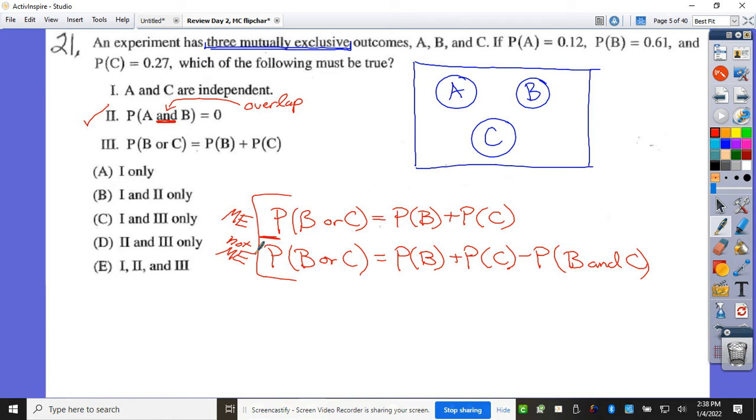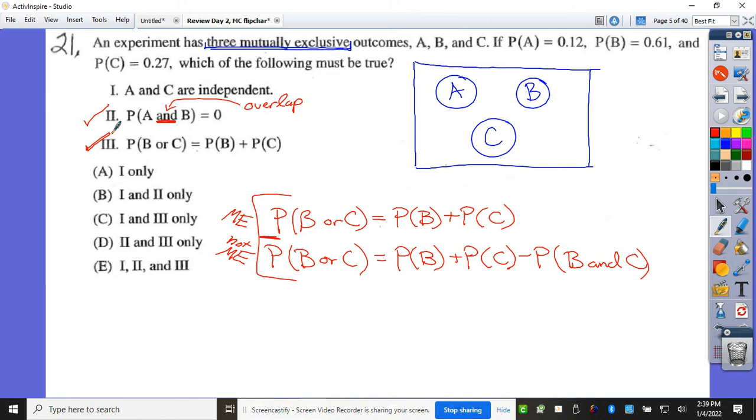Are B and C mutually exclusive? Yes. So is C correct? Yes. And most people chose that one as correct in their answer. So the only thing we have left is to decide about independent.